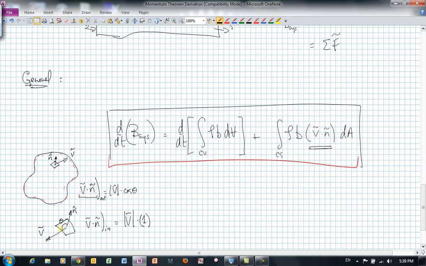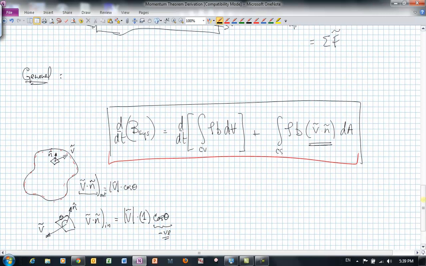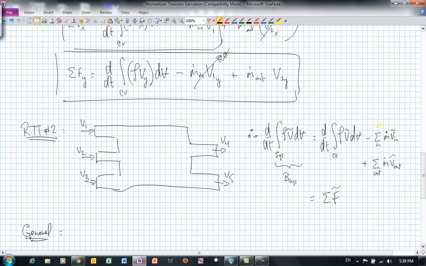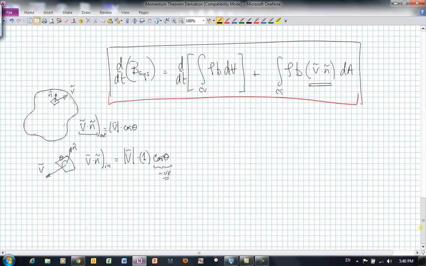And now the cosine of an angle that's greater than 90 degrees is going to be negative. And that, of course, is why when we have the single outlet or multiple inlet and outlet form of RTT, the stuff that goes in has a minus sign in front of it, and the stuff that goes out has a positive sign in front of it.